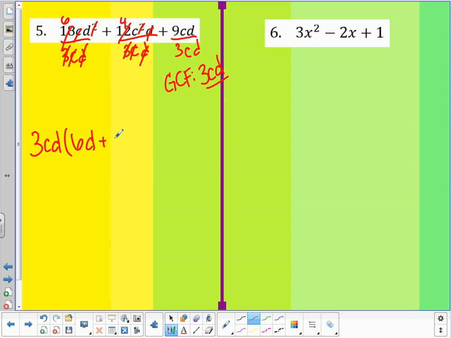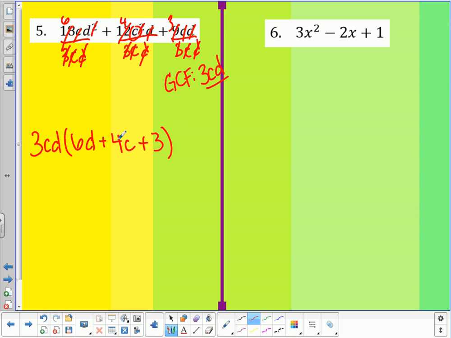D over d is gone, so that's 4c. And the last one, 9 divided by 3 is 3. C over c cancels, d over d cancels, so just plus 3 behind there. Oops, that's supposed to be a c there, sorry. Fix that, there should be a 4c. There we go. C left over.